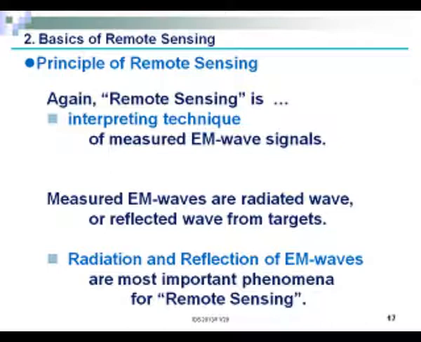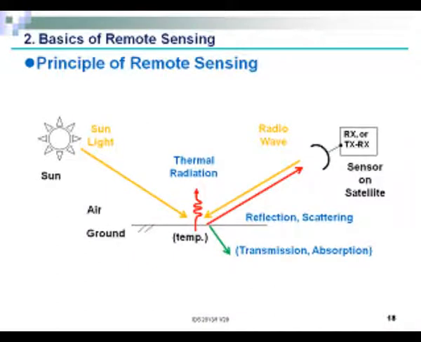Every object radiates thermal radiation, thermal infrared, because it has thermal energy. This is thermal radiation, and another phenomenon is reflection. The most important is sunlight reflection.